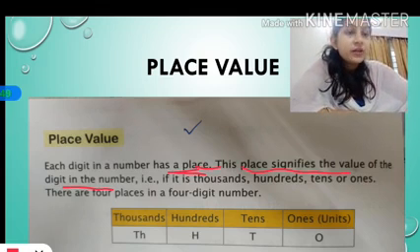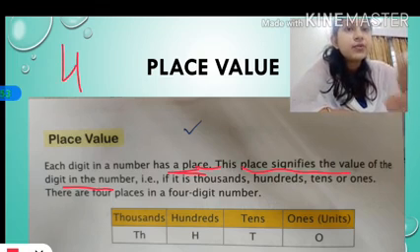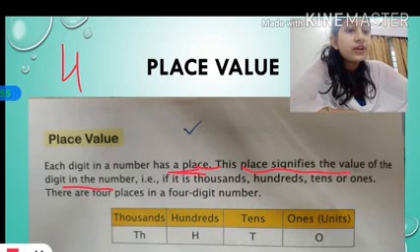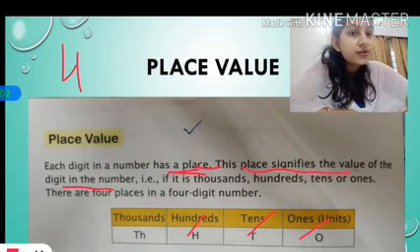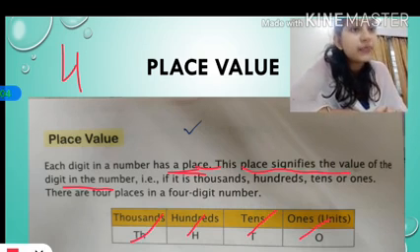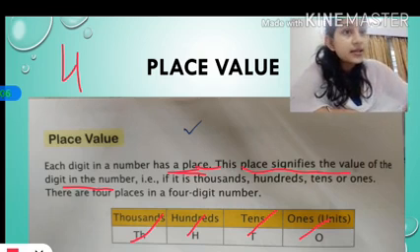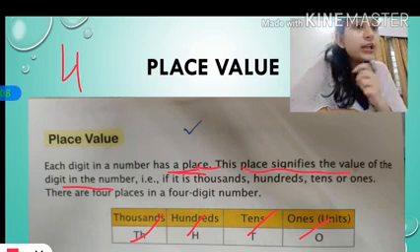See here, for a 4-digit number, this year we are going to deal with 4-digit numbers. Whether the number is placed in ones, or tens, or 100, or 1000, whatever place is there, that will be the value of the number.